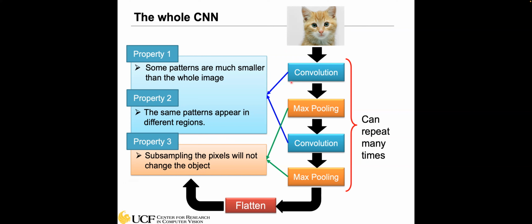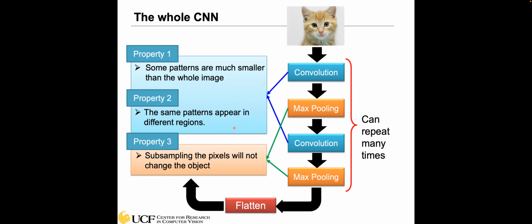The convolution is based on the intuition that some patterns are much smaller than the whole image. So you can do local processing instead of each neuron connecting to all the pixels in the entire image. And also the same patterns can appear in different regions, so you can use the same filter or kernel to detect those patterns in different locations in the image. You don't have to make a different set of filters or kernels to detect this kind of repeated pattern.